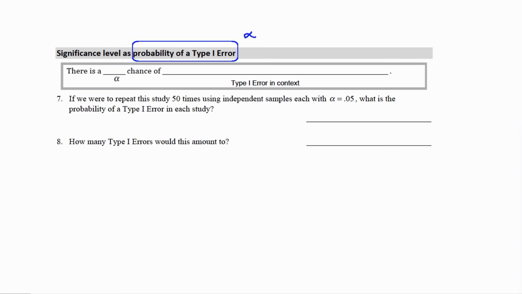So generally, to follow this model, we might convert alpha to a percent. There is a 5% chance of making a type 1 error using this value of alpha.